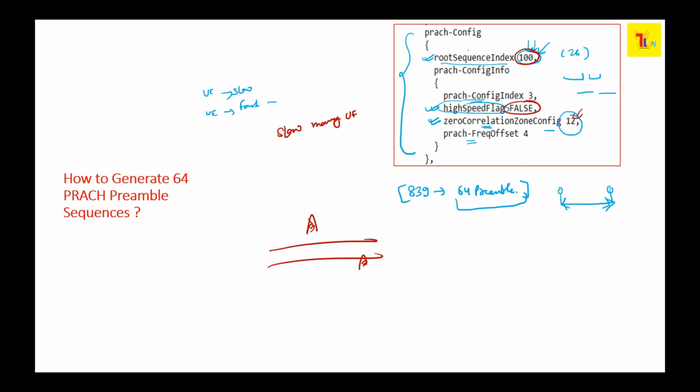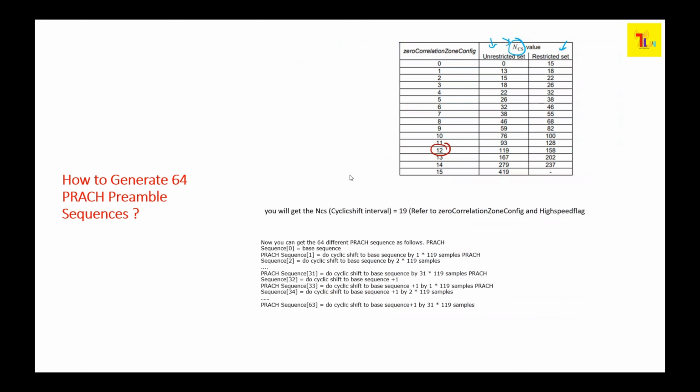There the high speed flag setting we need to make true, so that fast moving UE and slow moving UE will not get confused. So if the value is false, it means it is a slow moving UE, and for that purpose it is going to use NCS as this one, the false one. If it is true, then it is going to use 158.